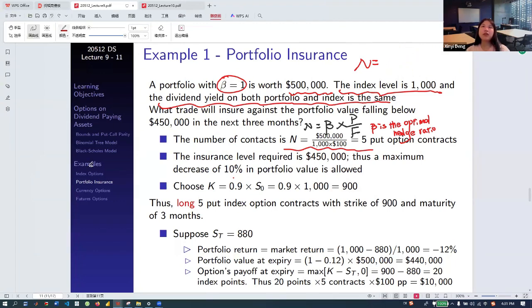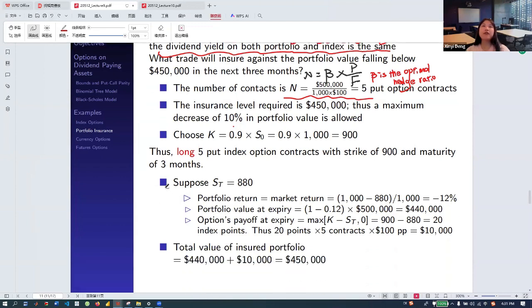Feel free to check out the calculation on these slides.